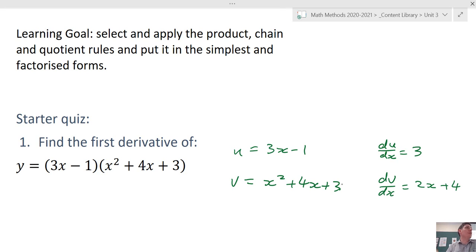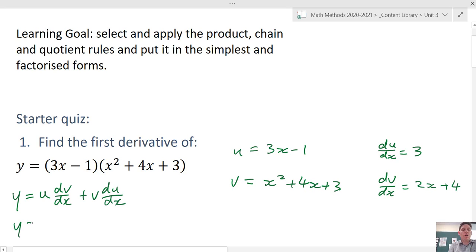Next, we want to sub it into the formula. In case you forgot the formula already, here it is: the first one times the derivative plus the second one times the other's derivative. So y equals, sub it all in. Give yourself a tick if you subbed it all in.